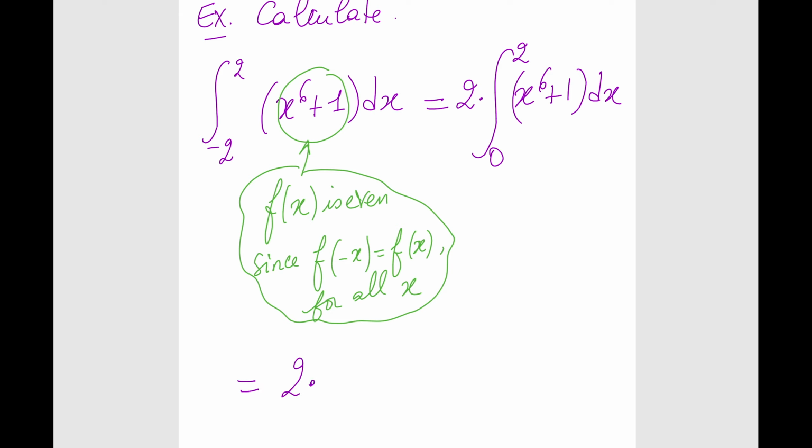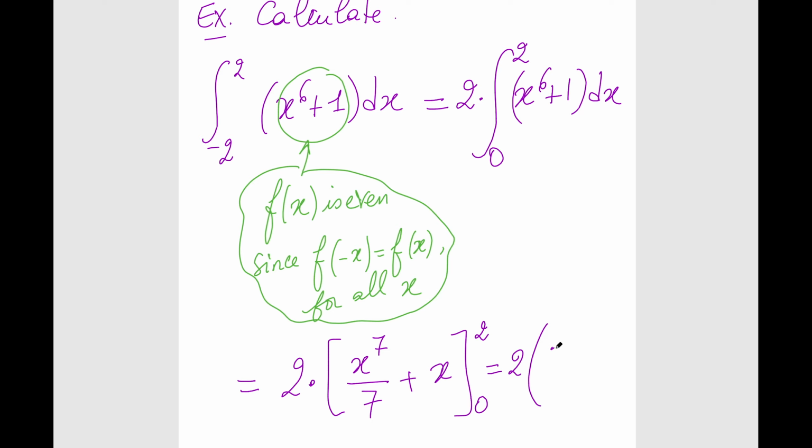And this is equal to 2 times, I'm going to integrate. So 2 times, let's find a primitive of x to the 6 plus 1. It's x to the 7 over 7 plus x, right? If you integrate x to the 6, you get x to the 7 over 7, and if you integrate 1, you get x. And this is between 0 and 2. Correct? So that would be twice. Let's evaluate this at the upper bound.